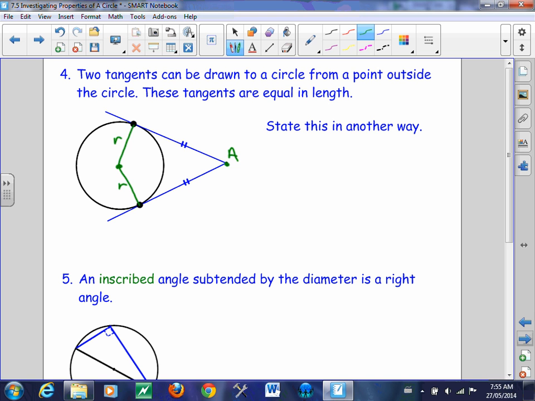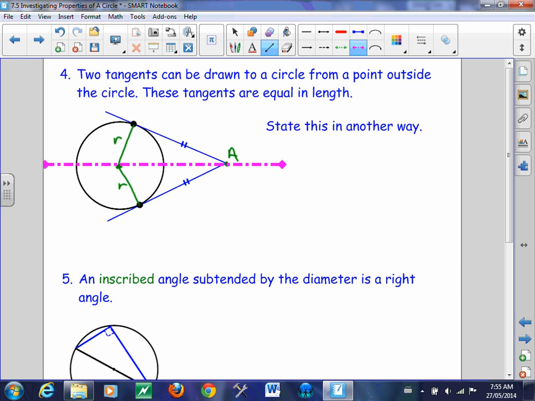If you notice, folks, again, mirror imaging here. Let's see if I can do this the snazzy way. Notice there, guys, it's like a mirror image. That's why they're going to be equal in length.